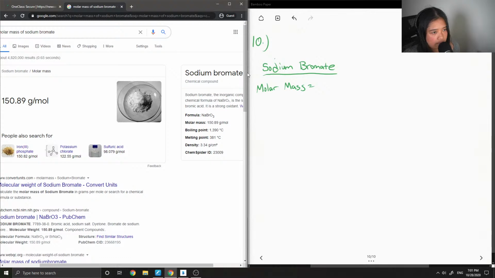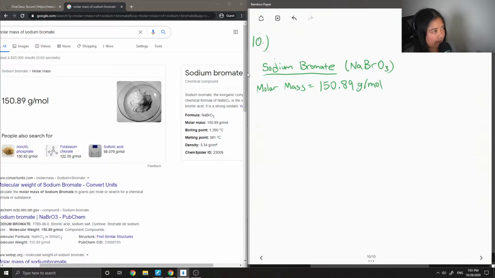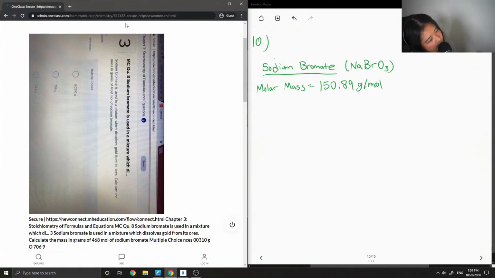Okay, so sodium bromate has the chemical formula of NaBrO3, and its molar mass is 150.89 grams per mole. So the question is asking us to calculate the mass in grams of 4.68 moles.